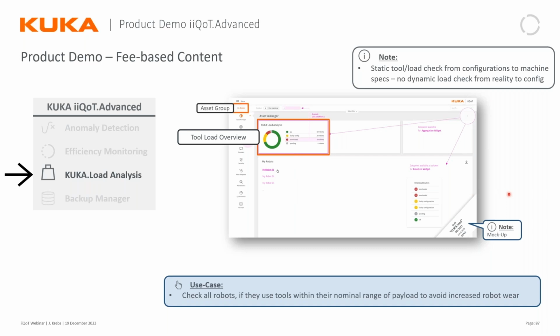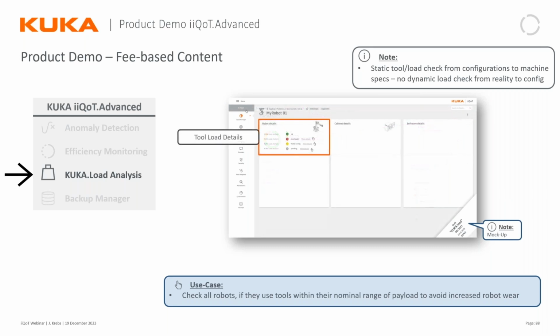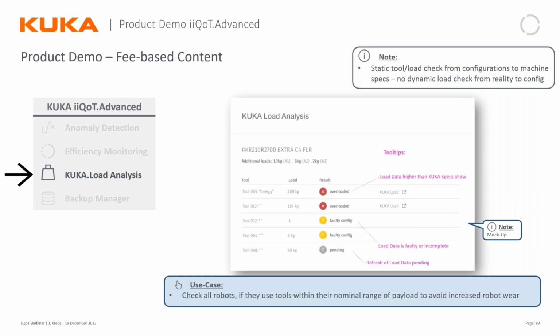I'm here in the robot group view where I look at a couple of robots, and if I click on a specific robot, I go into the single robot view and have more details. If I click on these details, I get the full report on that. And there are some important things to point out.